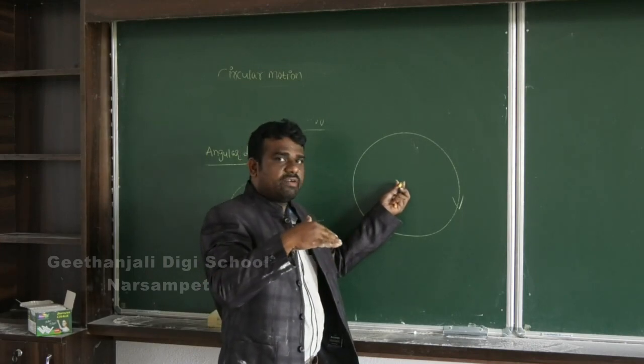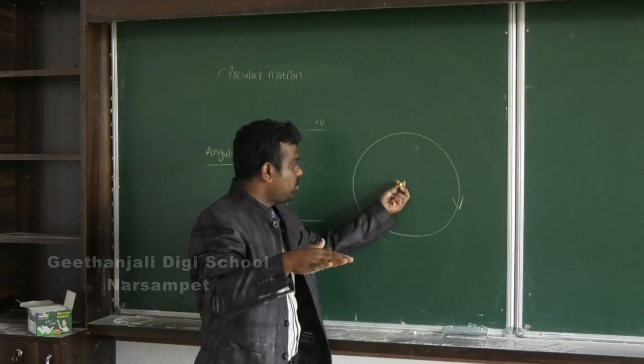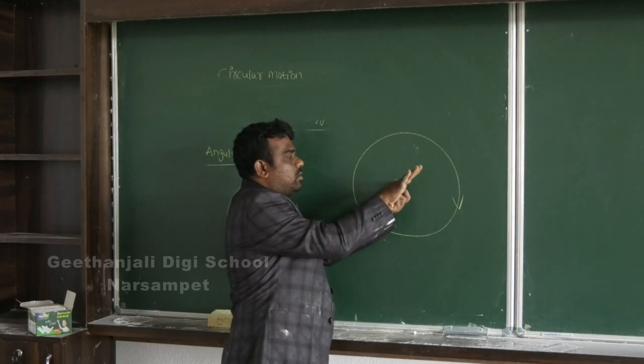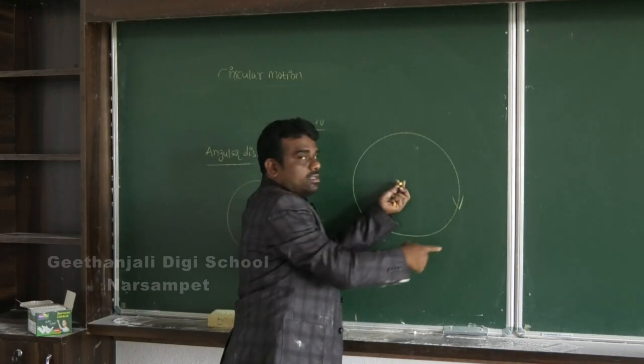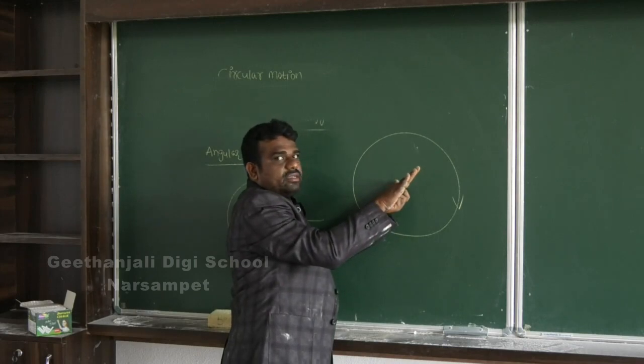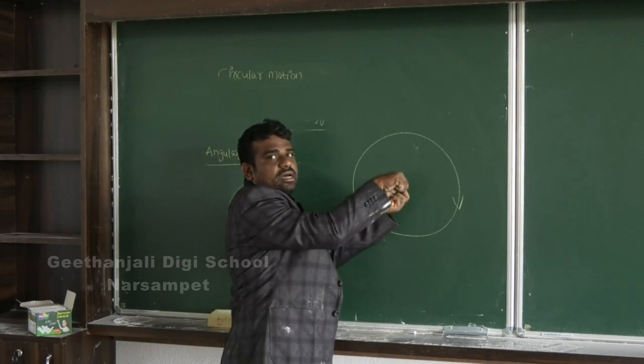To know the direction of angular displacement, we use the right hand thumb rule. Just observe how I am doing here. The particle is moving in a clockwise sense, so I am curling my right hand fingers in the direction of the motion of the particle. This thumb indicates the direction of the angular displacement.